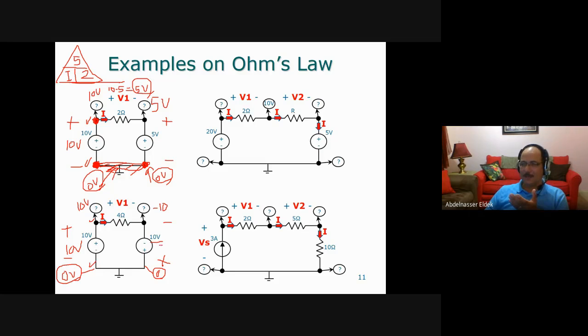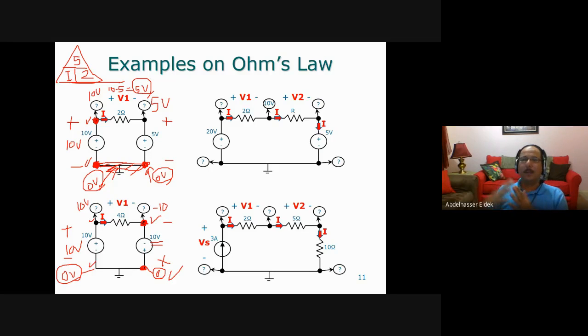It is the bottom side, the positive side, minus the other side, which is the negative side. This side is 0 and this one is negative 10. So this voltage here is negative 10.